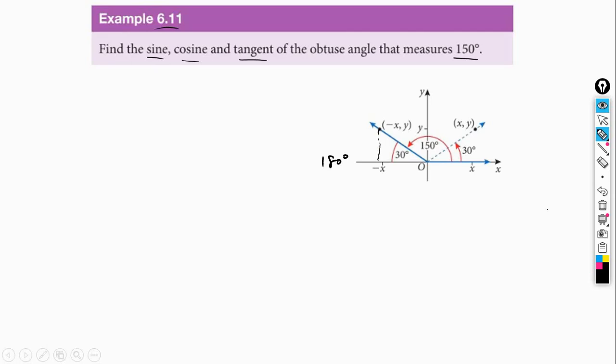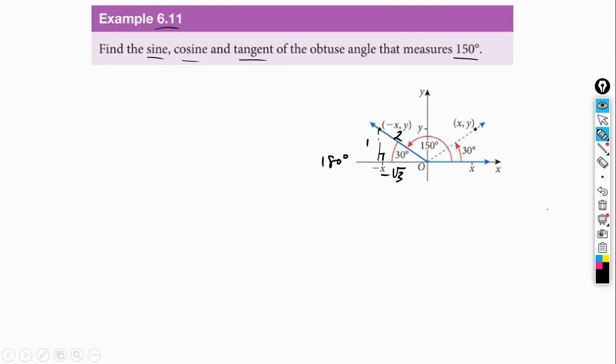So if we draw a perpendicular here, we know from the special right triangles that this is a 30-60-90 triangle, and therefore this side would be length square root of 3. But because it's on the negative part of the x-axis, we have to use negative square root of 3. We also know that the other leg measures 1, and that the hypotenuse, or r, would have a measurement of 2 units.